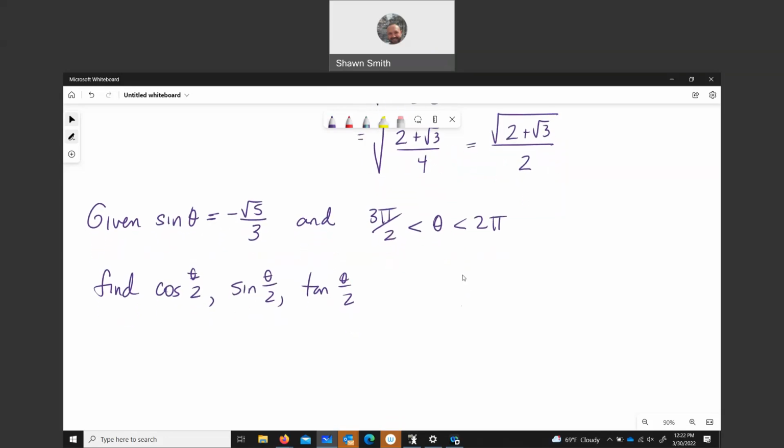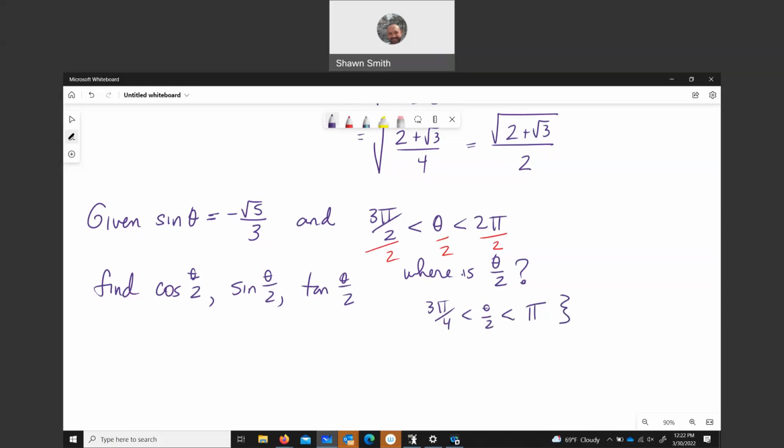All right, first thing we want to do is, where is theta over 2? Well, if I divide everything by 2 here, taking half of theta, that's going to tell me we're in between 3 pi over 4 and pi.